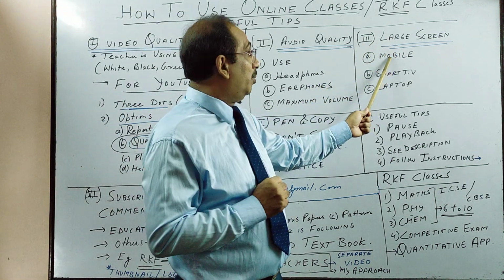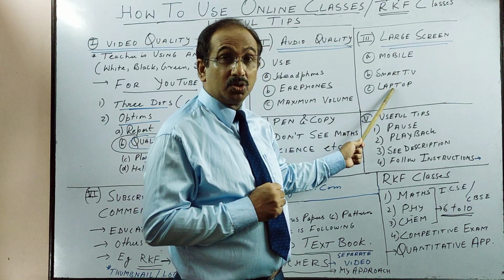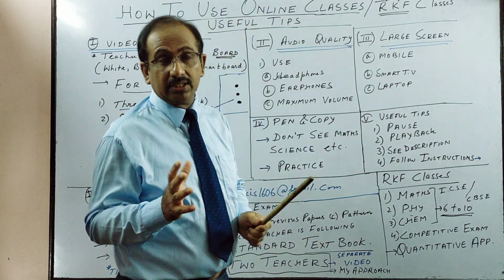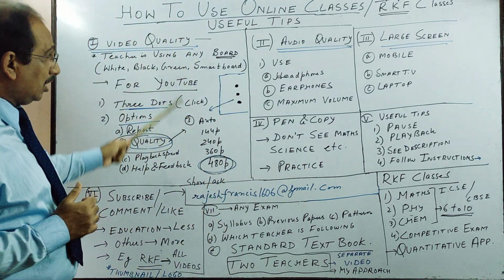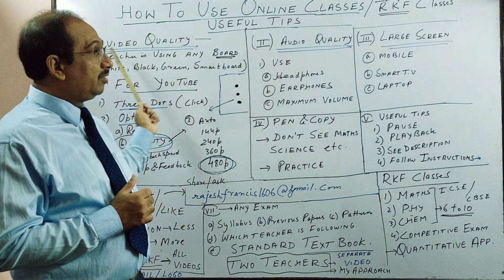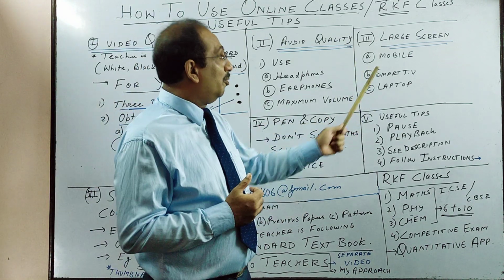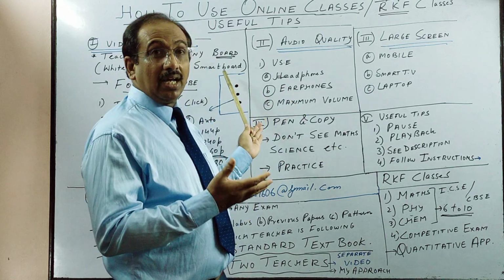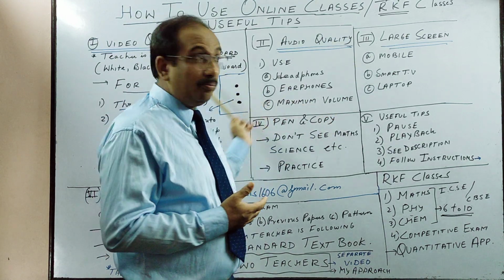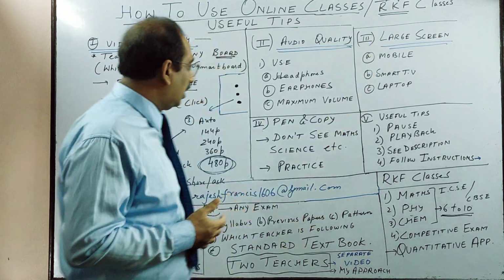Have a large screen mobile, some children are using a smart TV, you can use a laptop, if you can afford it; it's not possible for everybody. Those who cannot afford it, I told you about audio quality and video quality, so please go for a better mobile phone so that you can see and understand, because in the classroom we have big boards for you to see. So this is my third point.